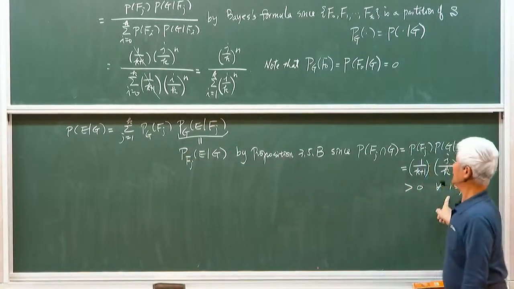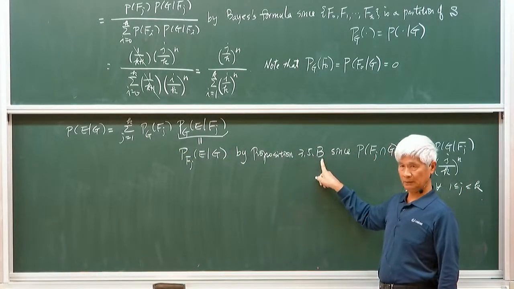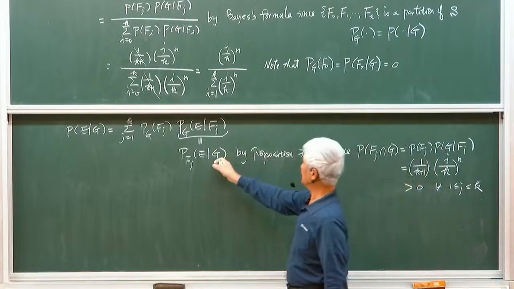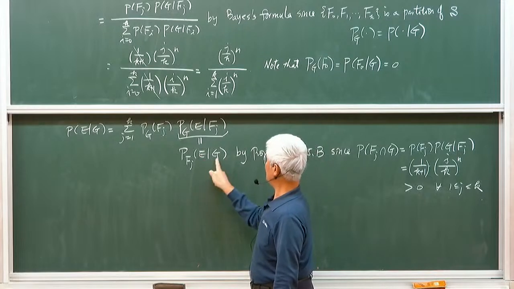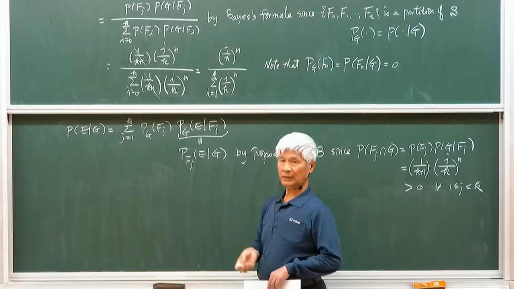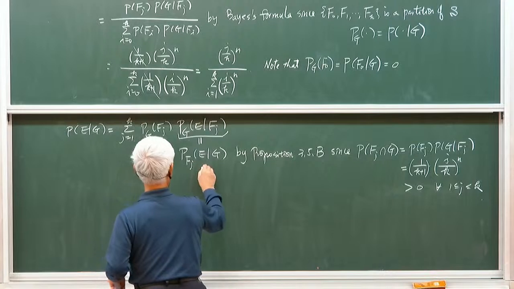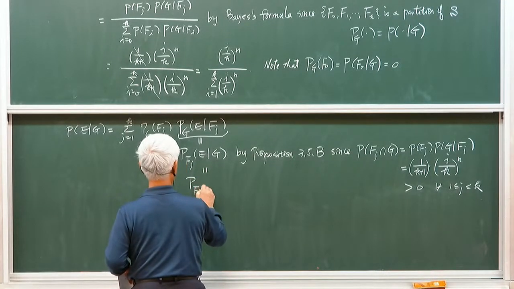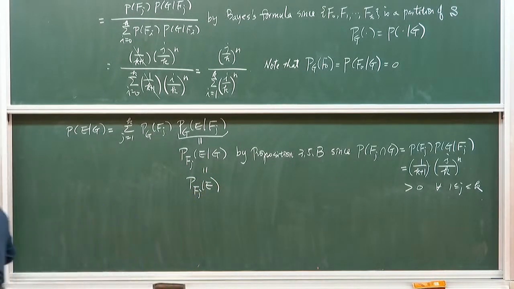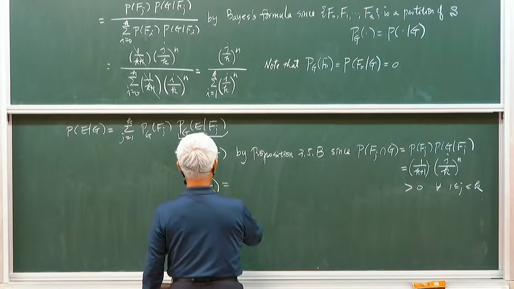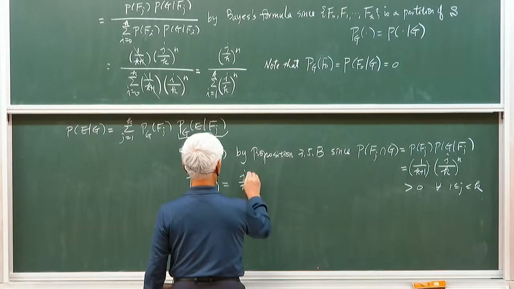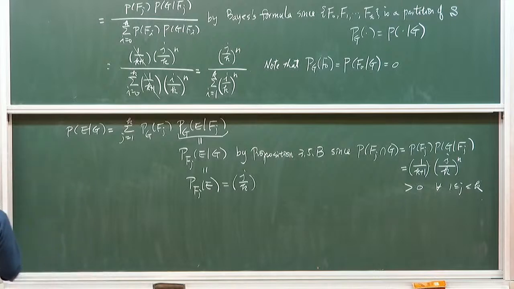So we can apply proposition 3.5.b and exchange the roles of Fj and G. But this is equal to P_Fj(E), by conditional independence, and we know this is equal to j divided by k, as we have computed here.